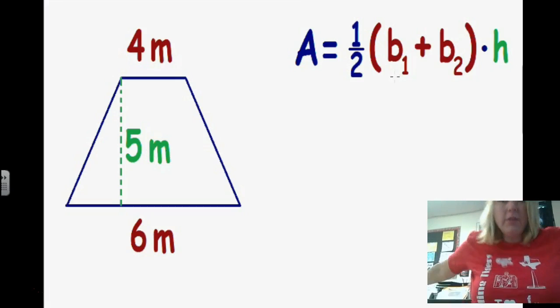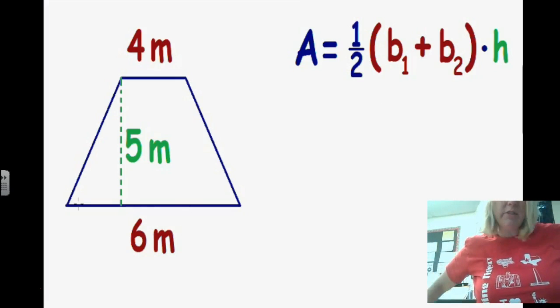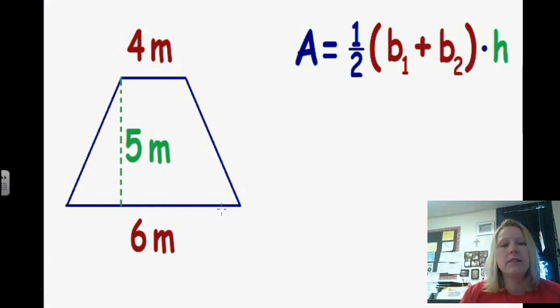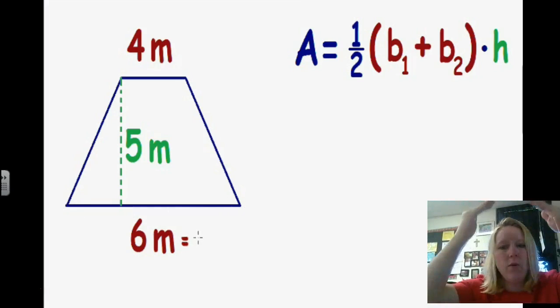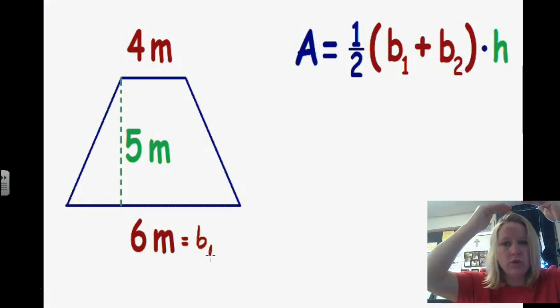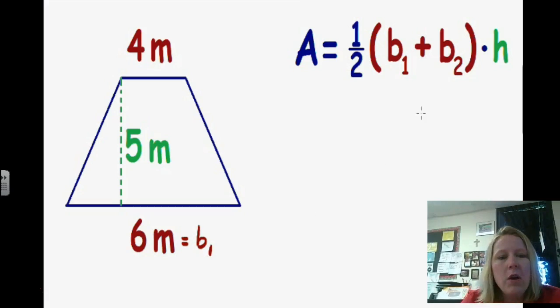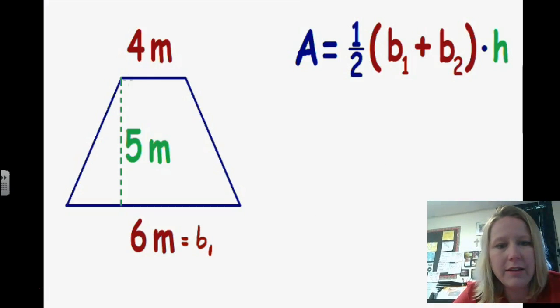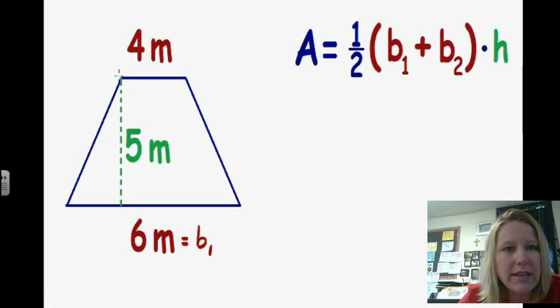Remembering, again, I'm not taller if I put my arms out to the side. Look how slanted I am, and I'm totally so tall. That's not how it works. Your height is how tall you are from the bottom to the top of your figure. So we're going to say base 1 is right there as 6 meters, and our base 2 is right there at 4 meters.